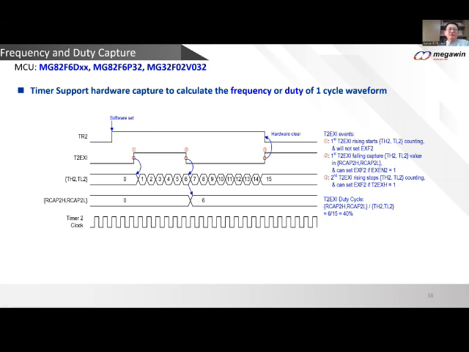So you will miss the second edge, and it is not possible to do the measurement. But with the hardware duty capture function, you can just send the signal into the pin, and then it can give you the counter value of the whole cycle.